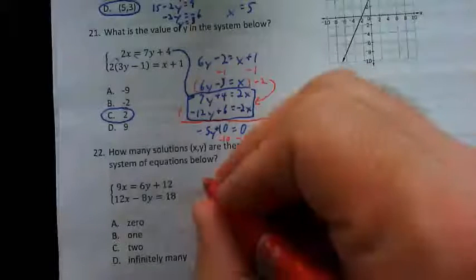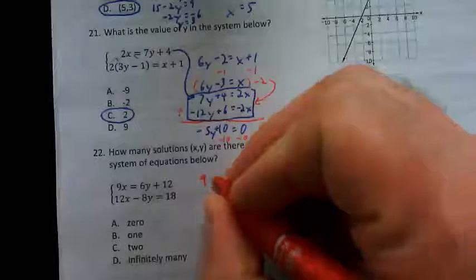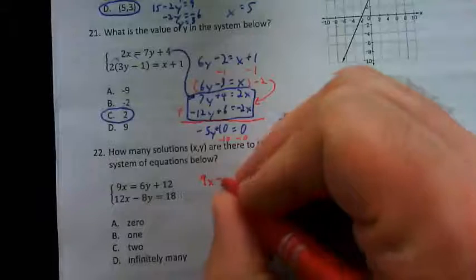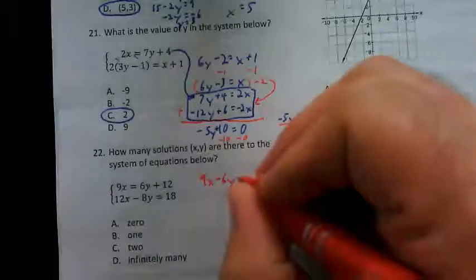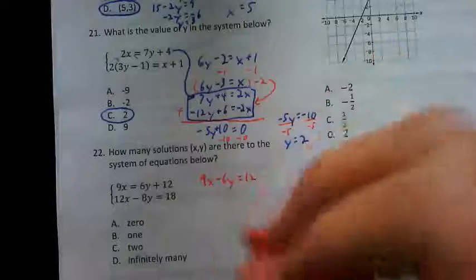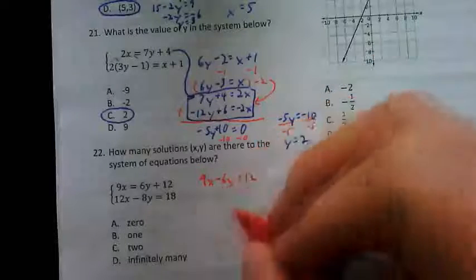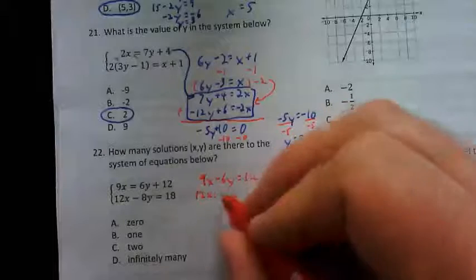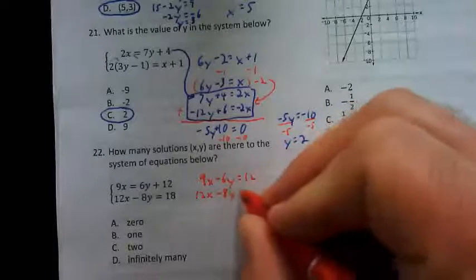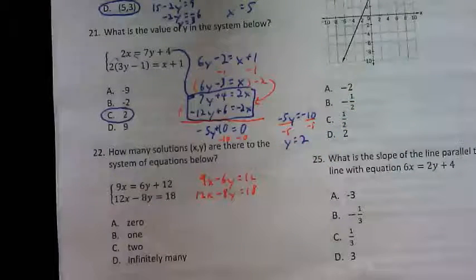So we have 9x minus 6y, because again, subtracting 6 to bring it over to the other side, equals positive 12. And I have 12x minus 8y equals 18.